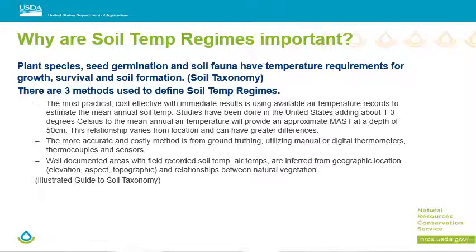And in well-documented areas with field recorded soil temperatures, air temperatures are inferred from geographic location, so with elevation, aspect, and topography, and the relations between their natural vegetation. So those are used to tweak the soil temperature regimes within each soil survey office.